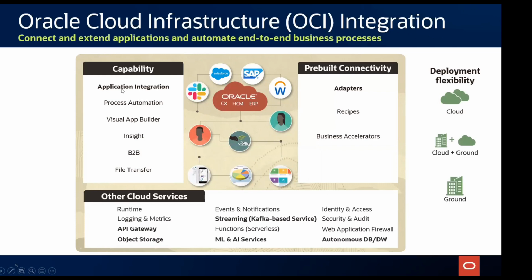Specifically for this use case, we're using the application integration capability, and specifically the native adapters that we have for OCI Streaming, for Autonomous Transaction Processing, for Oracle Fusion CX Sales and Service, which is a SaaS adapter, and also REST adapters that we are using to capture the webhook coming from API Gateway, and also to call the different OCI AI services. The AI services are already available for you to use, and they are exposed as APIs. That's why we are using the REST adapter.